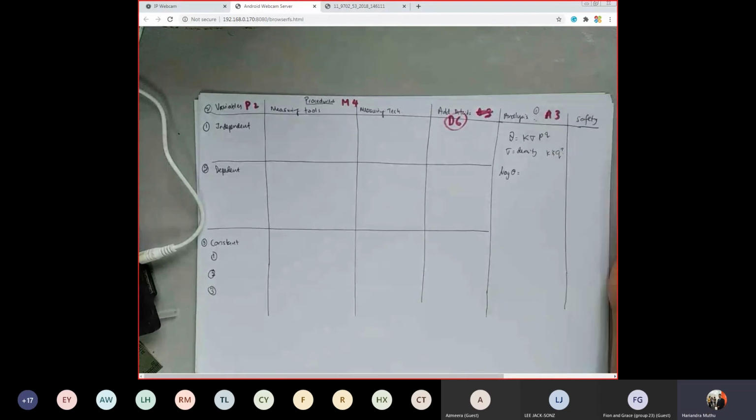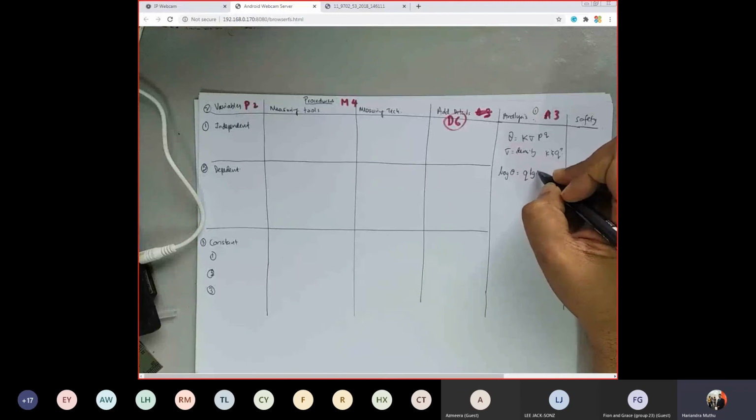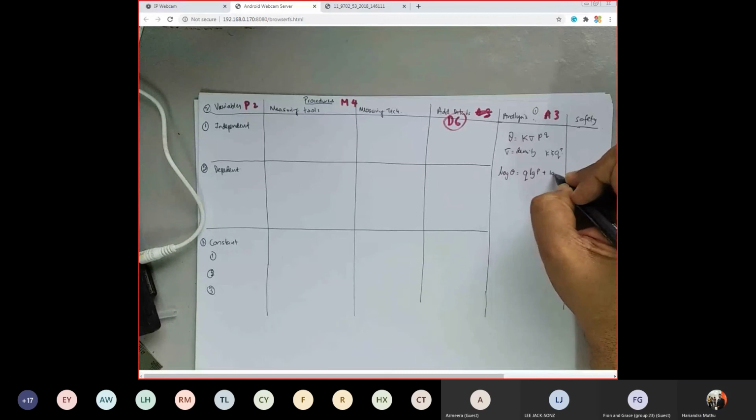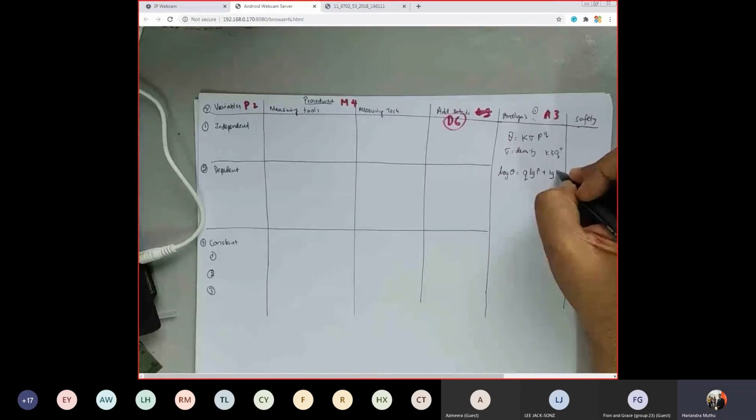How do we change this? So we have Q log P plus log K sigma. I'm just going to write it like that.